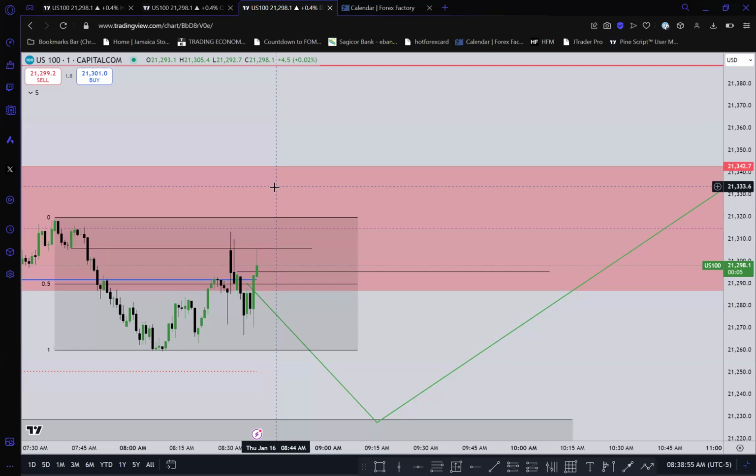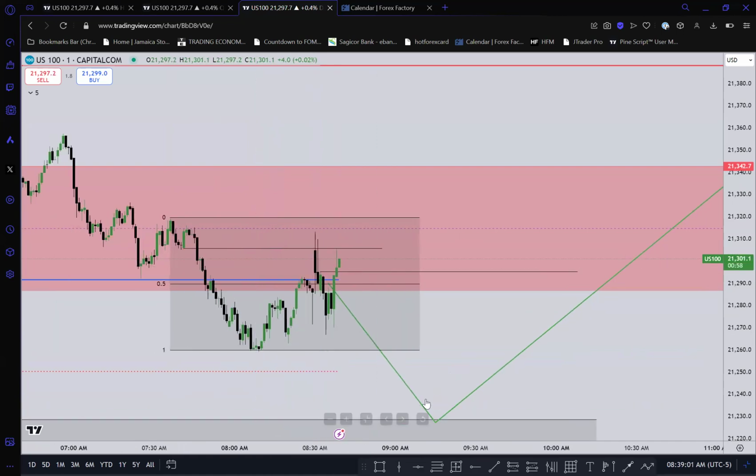How it leaves it doesn't really matter to me, because if it leaves to the downside, I have my target that I'm going to be watching for my trade. And if it leaves through the upside, then likewise. If it leaves and retraces, then I get a potential opportunity to go long. But automatically, I cannot trade the 839 candle.